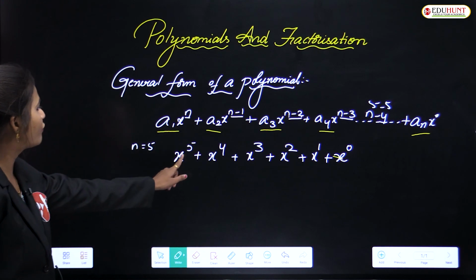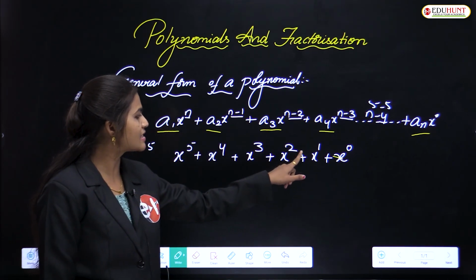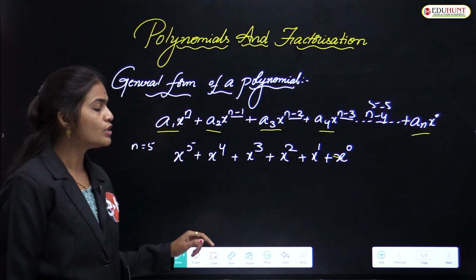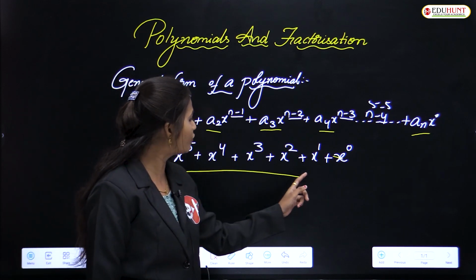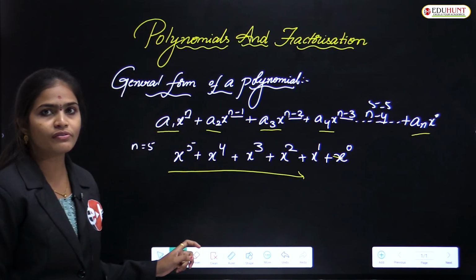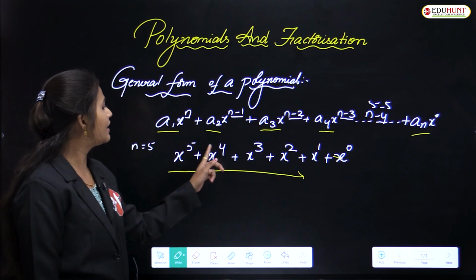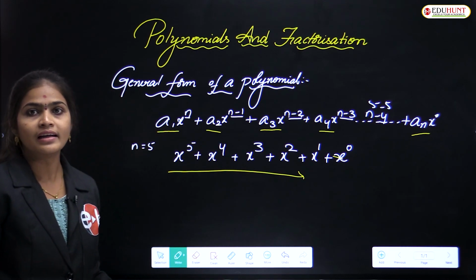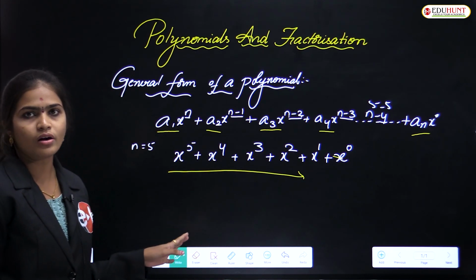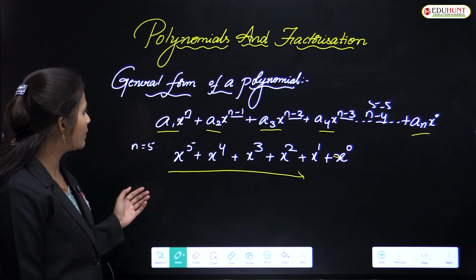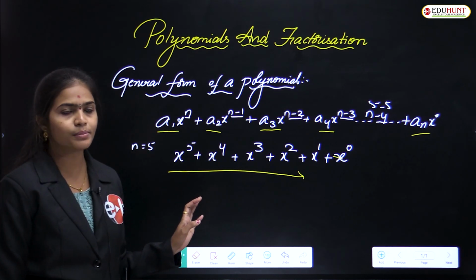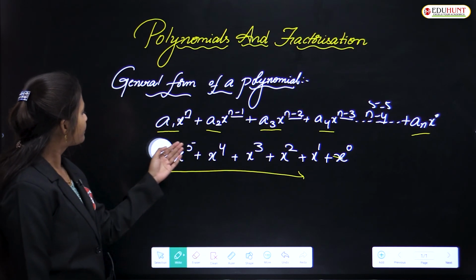So here x power 5, x power 4, x cube, x square, x power 1, x power 0. The powers of the variable in each term are in decreasing order. Is it clear? Like this we have to write the powers of the variables in a polynomial.